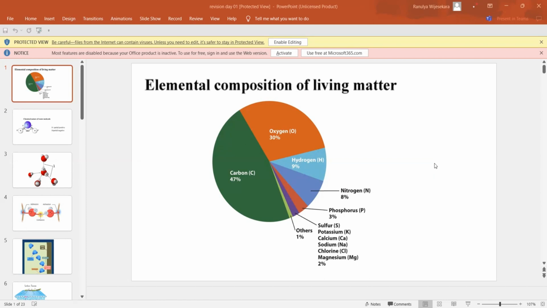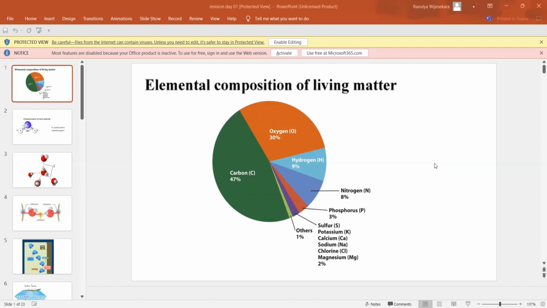When you go to unit 4 and unit 5, unit 4 is based on plants and unit 5 is about the human body, you can learn about the uses of these elements. Essential for what? To continue healthy life and for the reproduction.